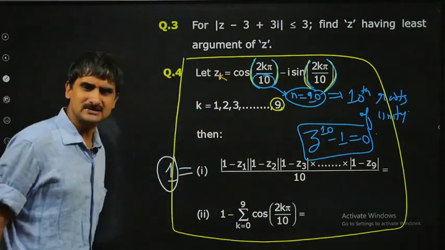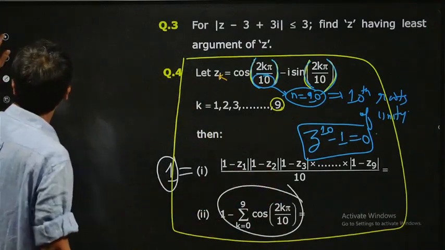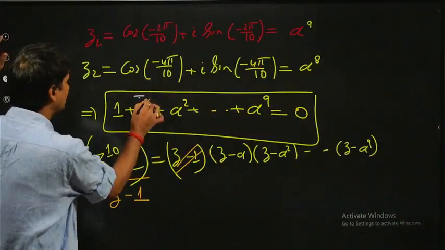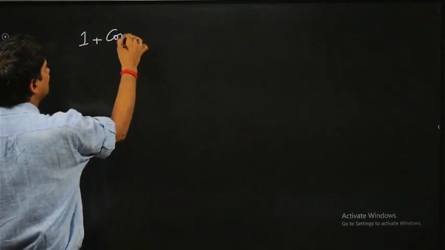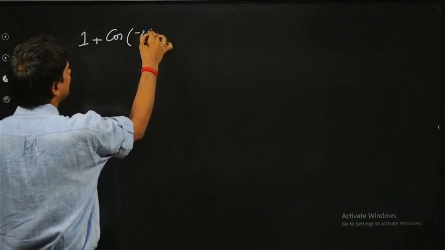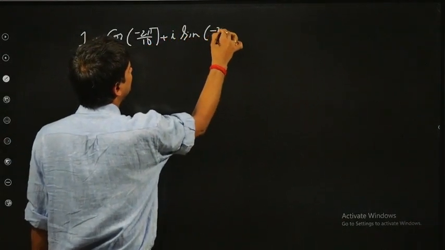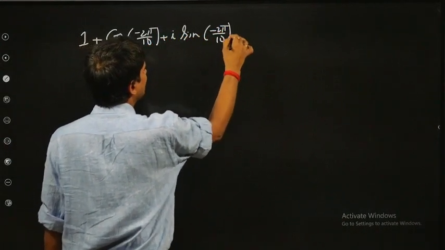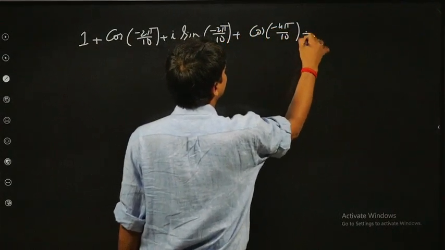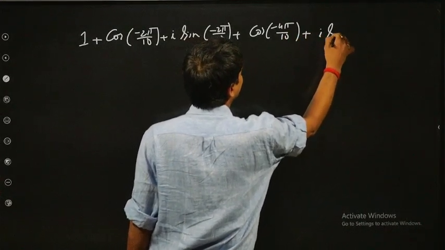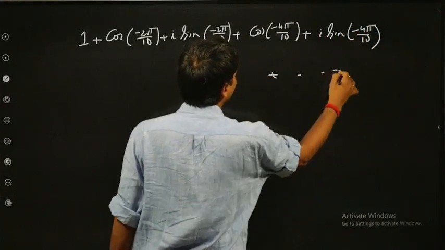The next one seems to be quite a simple one, because if you add them, I will start from here, the sum of all the roots of unity. If I rewrite it again, 1 plus alpha, which in that case is cos of minus 2 pi by 10 plus iota sine of minus 2 pi by 10, alpha square is cos of minus 4 pi by 10 plus iota times sine of minus 4 pi by 10, and so on, this is equal to 0.